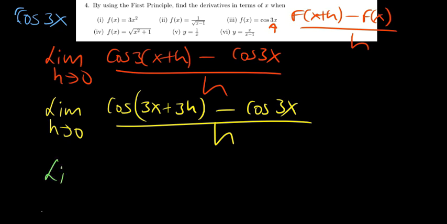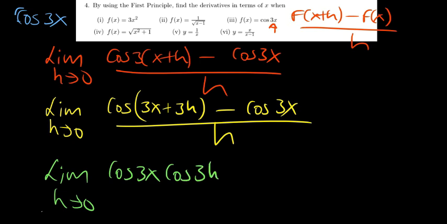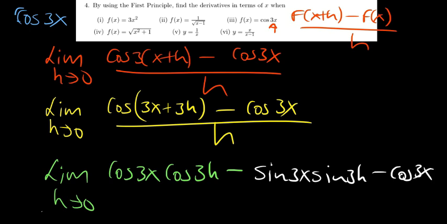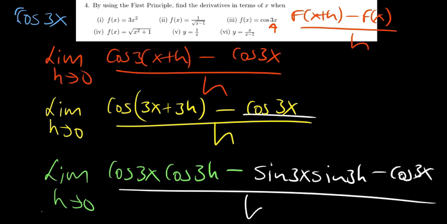We know our trigonometry at this point. So whenever we've got cosine, I call cosine to be selfish. So it will be cosine 3x, cosine 3h, and then sine comes after. So I have sine 3x, sine 3h, and then minus the cosine 3x there over h.